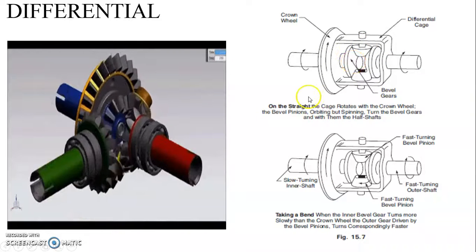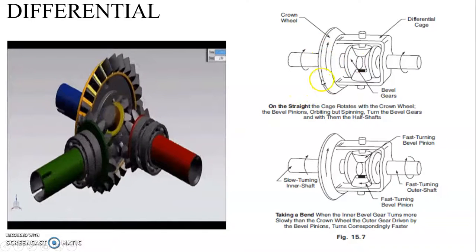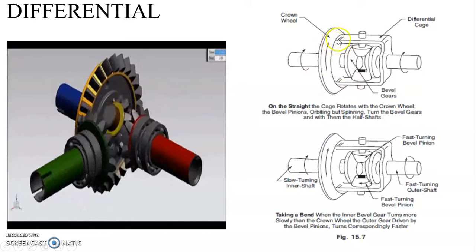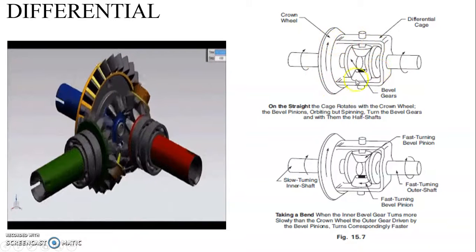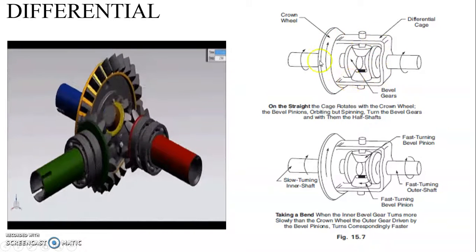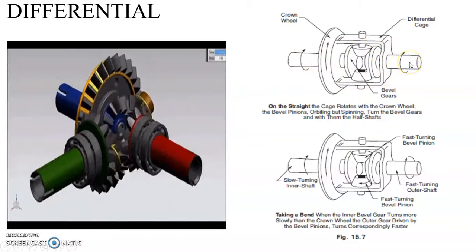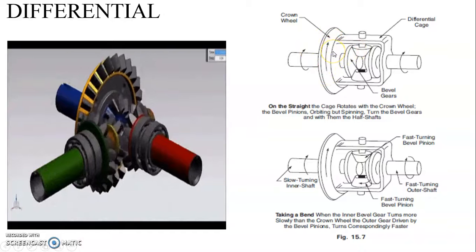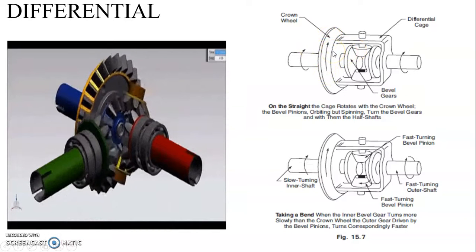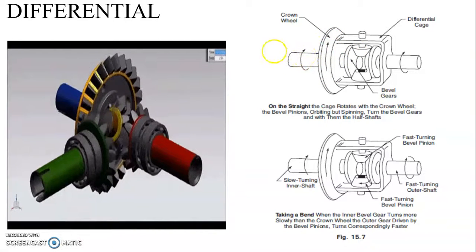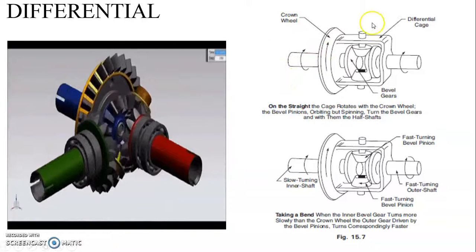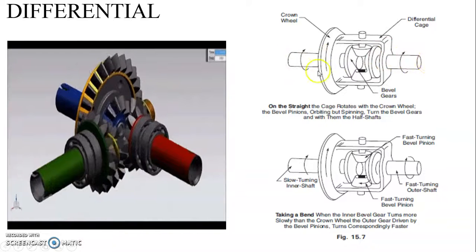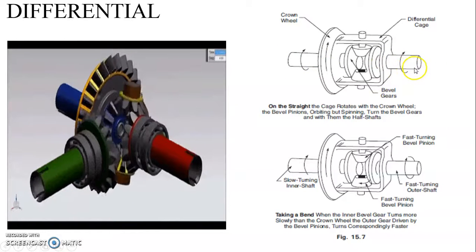The power from the propeller shaft is given to the crown wheel, and that crown wheel rotates the differential cage. When there is a straight road, the rotation or speed of the crown wheel will be the same as the rotation or speed of both the left and right rear wheels.